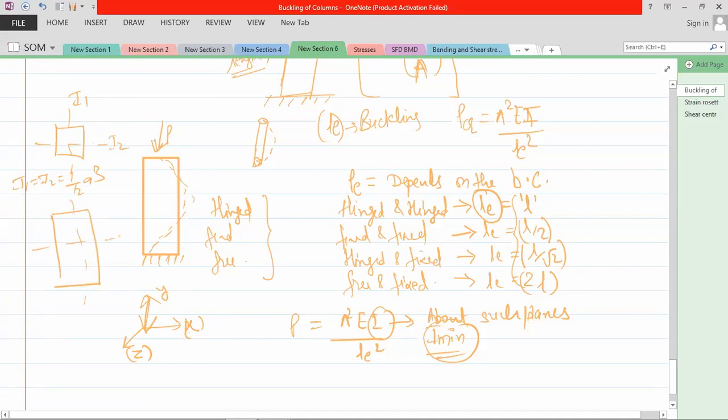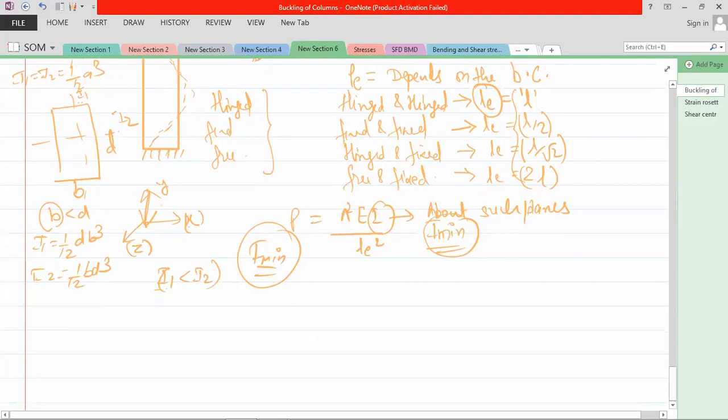Suppose this is axis 1, this is axis 2, this is B and this is D, and you know that B is less than D. I1 is 1 by 12 dB cube, and I2 is 1 by 12 BD cube. As B is less than D, I2 is greater than I1, meaning I1 is less than I2. Buckling will take place around the I1 plane, so you need to take the minimum of the two. So this was the condition.